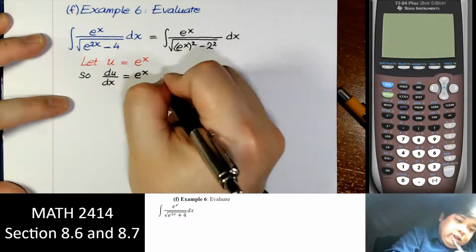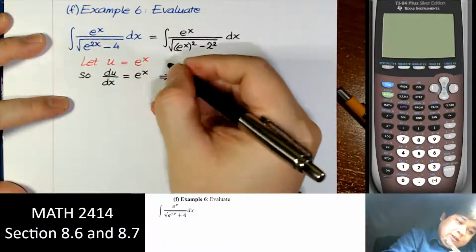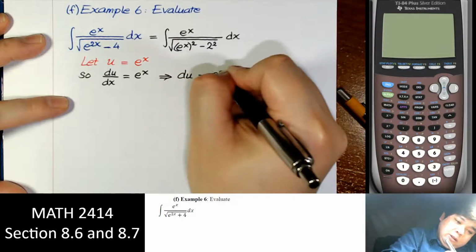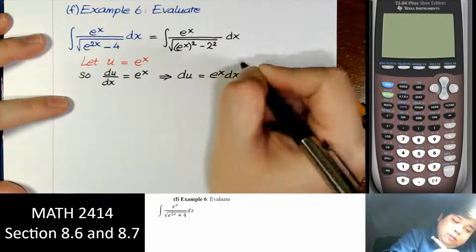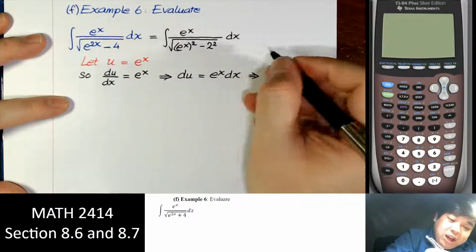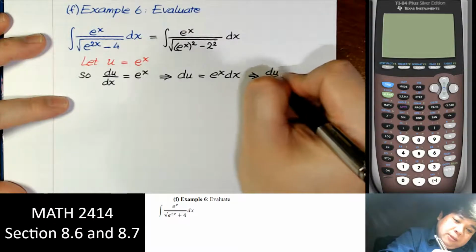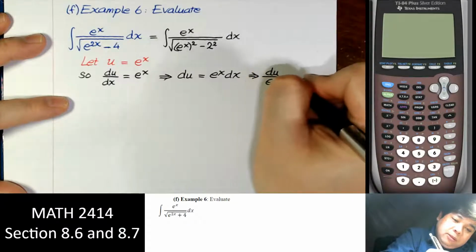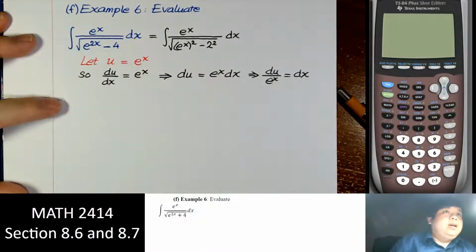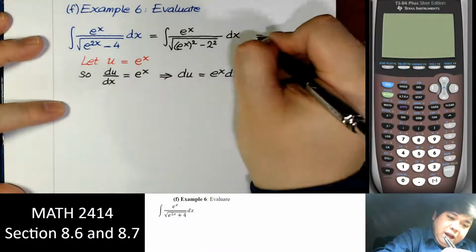Move the dx over, and divide by the dx. I mean divide by e to the x. And let's make that integral I.